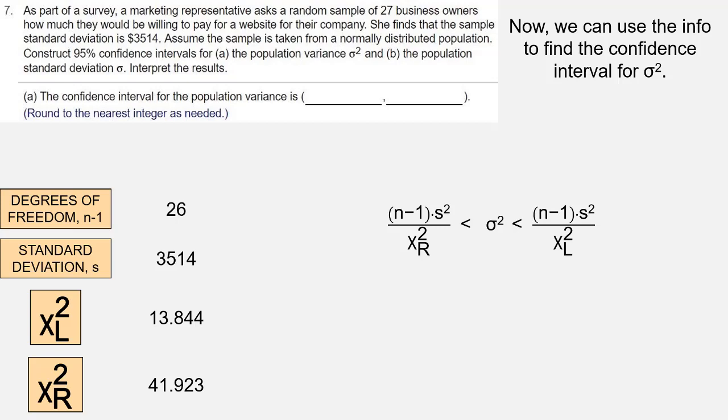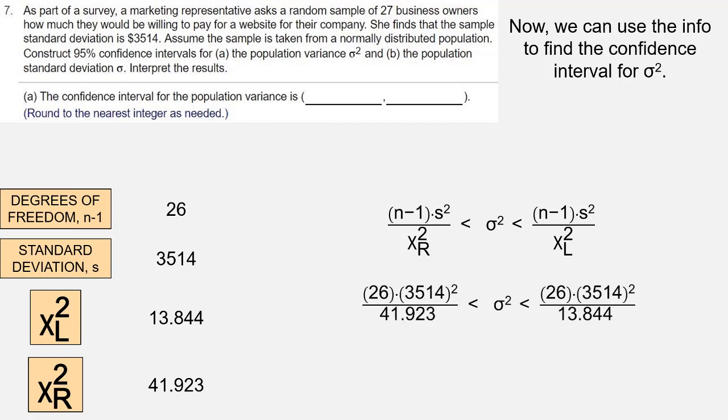We're going to insert the values that we have in the correct positions in this equation, and we get 26 times 3514 squared over 41.923 is less than sigma squared, which is less than 26 times 3514 squared over 13.844.